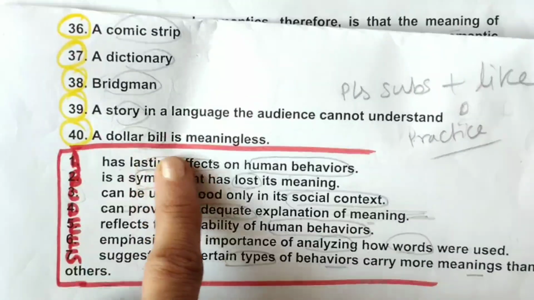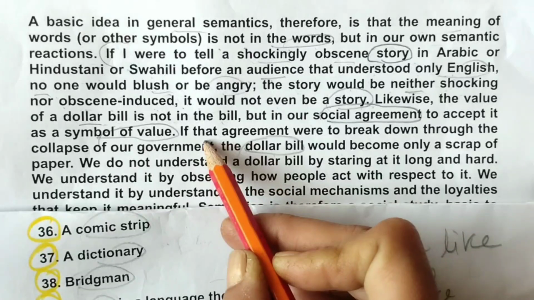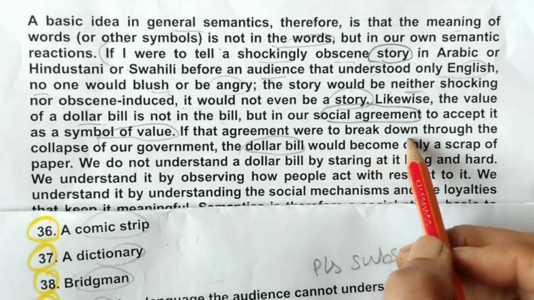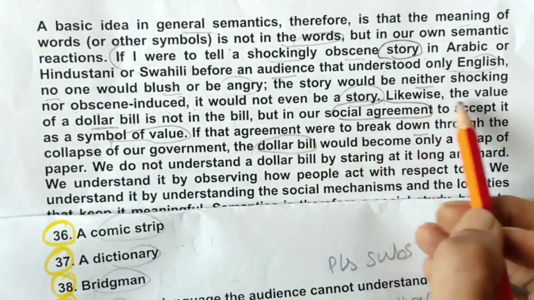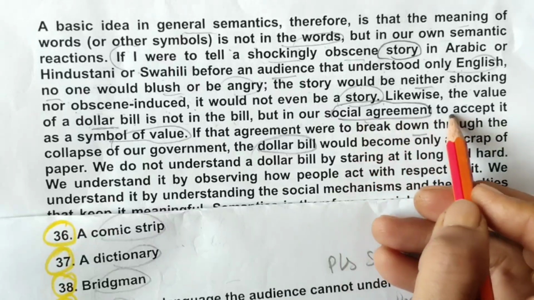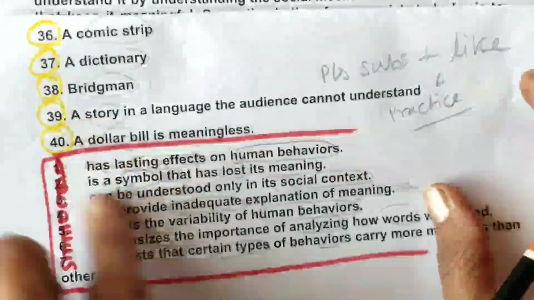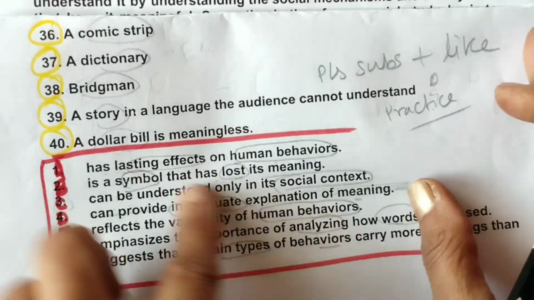Now, the dollar bill is meaningless. Dollar bill is given: if that agreement were to break down, okay. Likewise, the value of the dollar bill is not in the bill, but in our social agreement to accept it. The word social is given. See, this can be understood only in its social context.